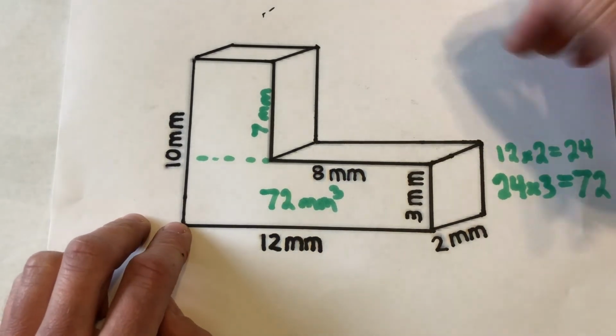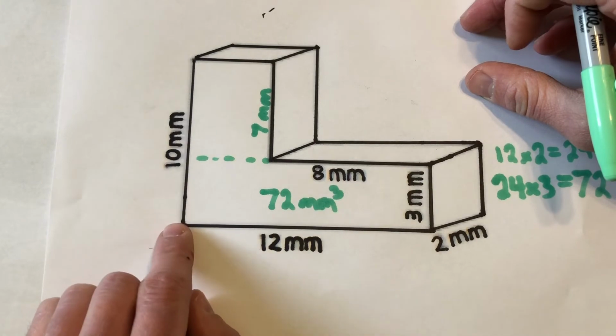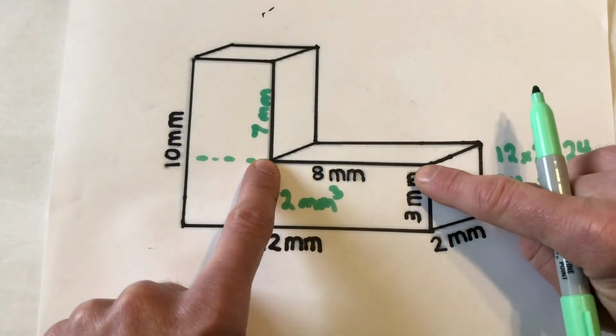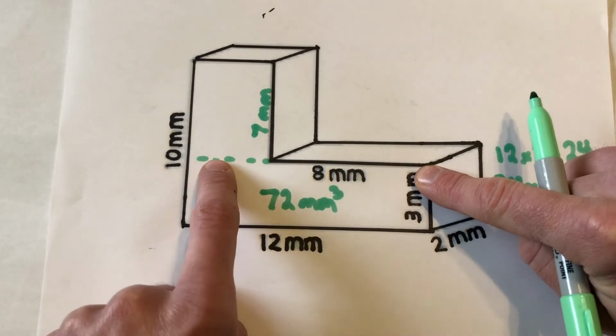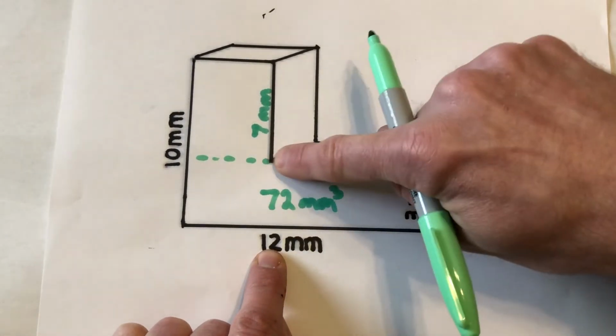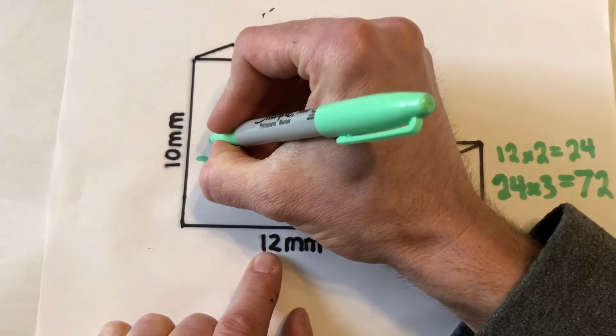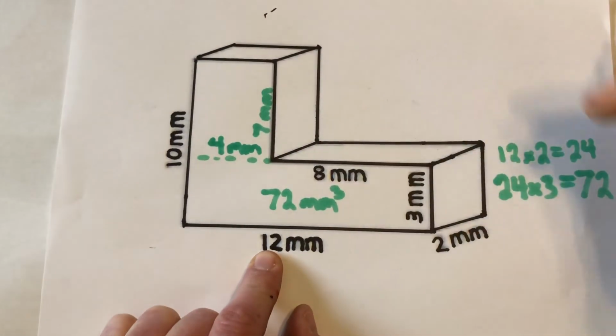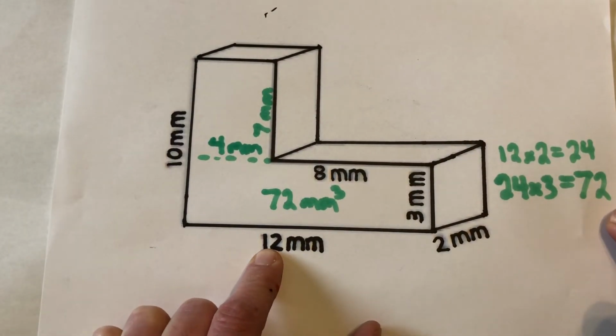So let's do the same thing for this line. If this is worth 12 and this is worth 8, then this line must be 4. 12 minus this 8 equals 4 millimeters.